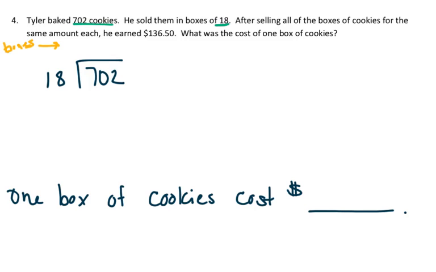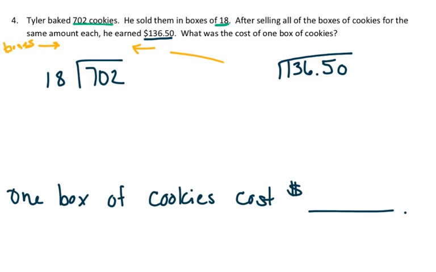Okay. And then I know after selling all the boxes of cookies, he earned $136.50. So I know that I'm going to have to do more than one thing on this one. So I have $136.50. And I'm going to be dividing that by the number of boxes he sold. So whatever number is going to be up here is going to be over here.